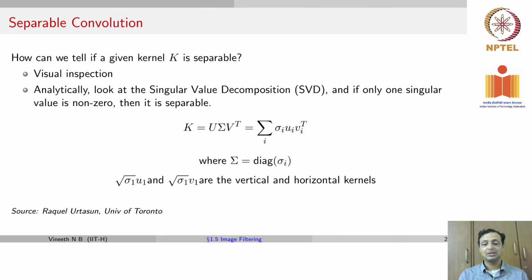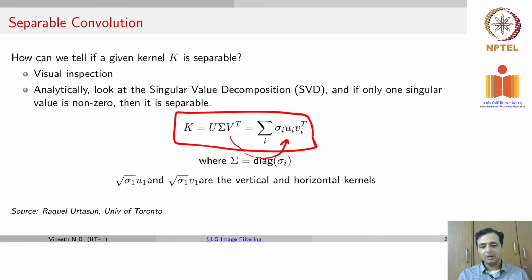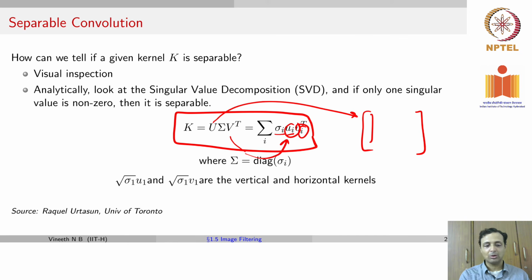The principled way to do this is you can take the singular value decomposition of your kernel. Remember, the singular value decomposition of any matrix is given by U sigma V transpose, and that can be written this way, where U is a matrix whose column vectors are Ui, V is a matrix whose column vectors are Vi, so each of them is a vector, and sigma i are the elements in your diagonal matrix sigma.